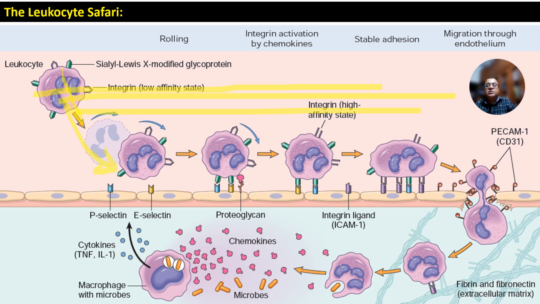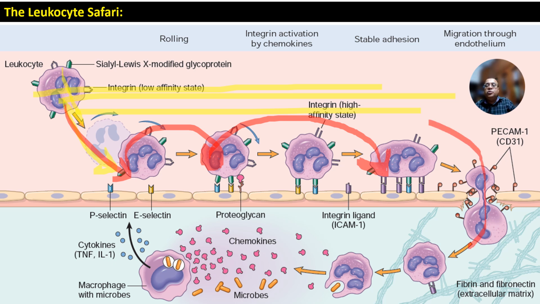They first marginate and roll over, that is a weak affinity state. Then they bind or adhere with the endothelium and are activated.